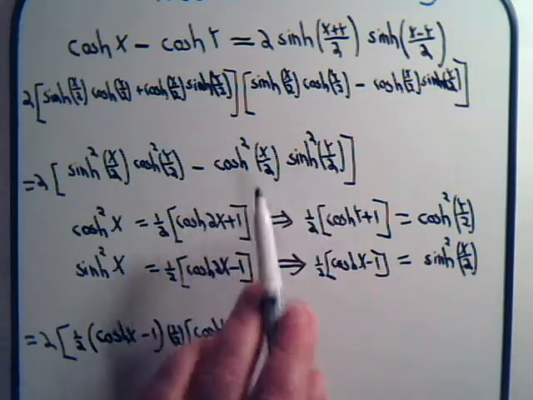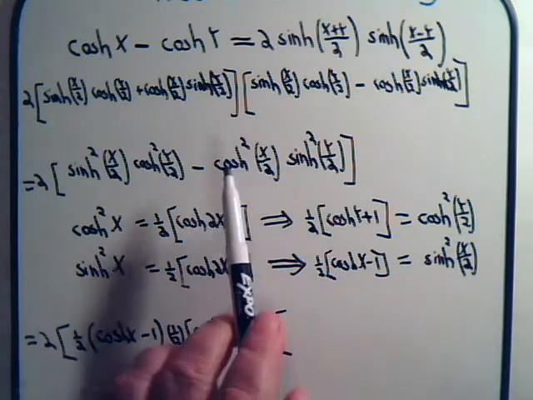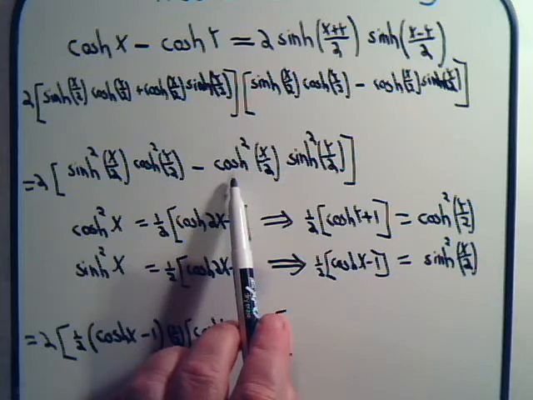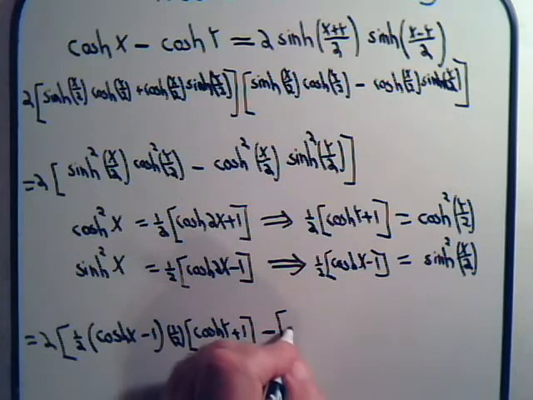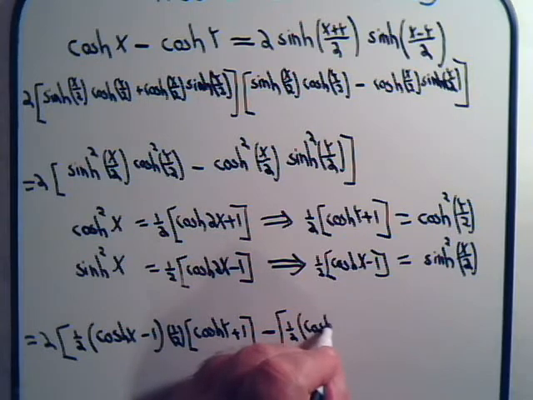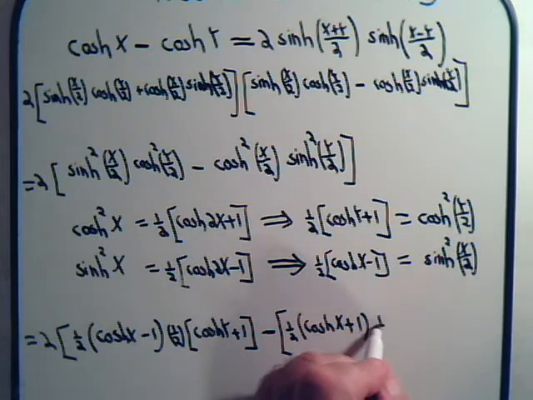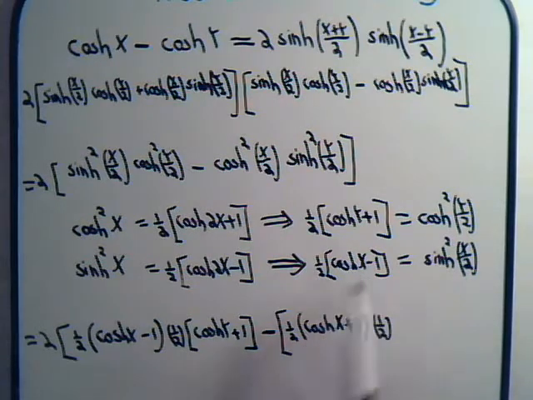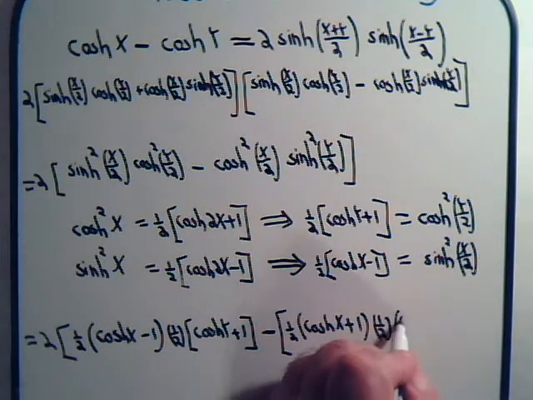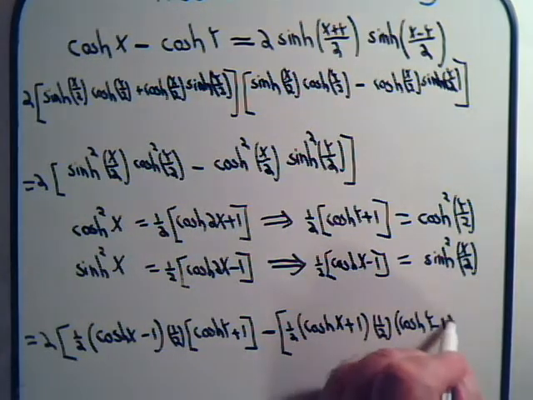And then we have these terms here minus the hyperbolic sine squared of x over 2. That's this one, and now we're going to have x in here. So we'll have 1/2 times the hyperbolic cosine of x plus 1 times 1/2. For this term, that's this, only now this will be a y instead of an x. So we'll have times the hyperbolic cosine of y minus 1.